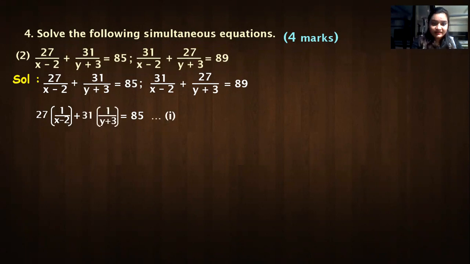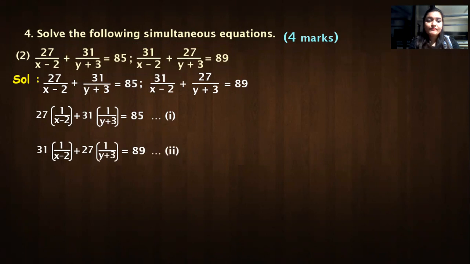Now guys, over here, the second one, 31x upon x minus 2 can be written as 31 into 1 upon x minus 2. 27 upon y plus 3 can be written as 27 into 1 upon y plus 3. Now you can see that both the terms are same, 1 upon x minus 2, 1 upon x minus 2, 1 upon y plus 3, 1 upon y plus 3, and we substitute the repeating term. It is repeating in equation number 1 and equation number 2.